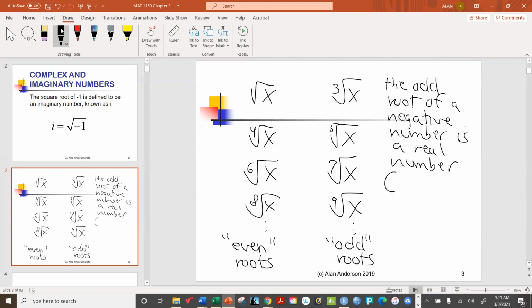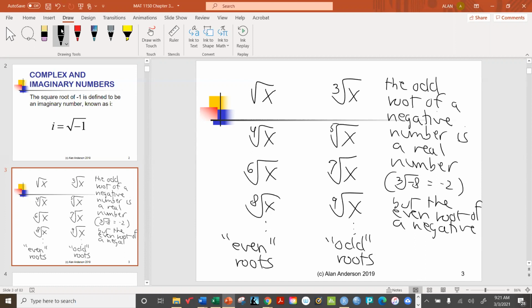Just as a quick example, the cube root of -8 is -2, but the even root of a negative number is imaginary. Once you start taking even roots of negative numbers, the result is guaranteed to be imaginary. The odd root's not a problem. We don't have an issue there.